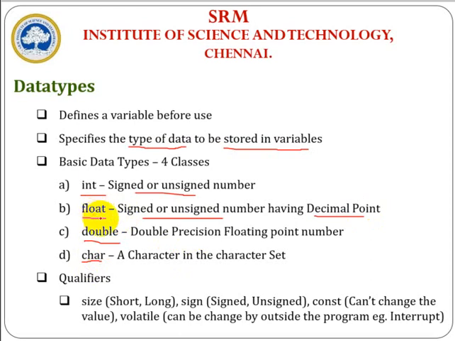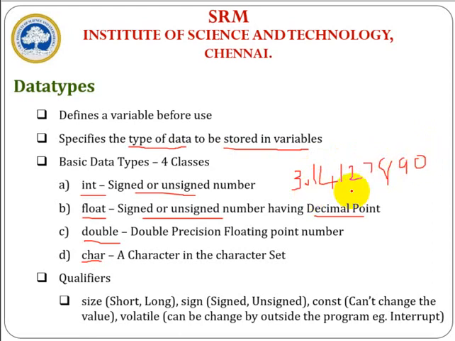Consider precision. When a float is declared, if I want a more accurate value, instead of 3.14, I want to hold something like 3.127890.